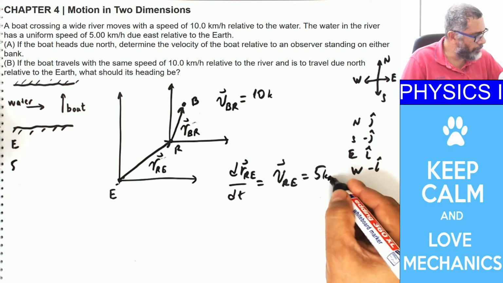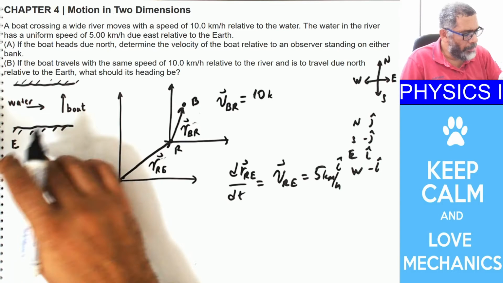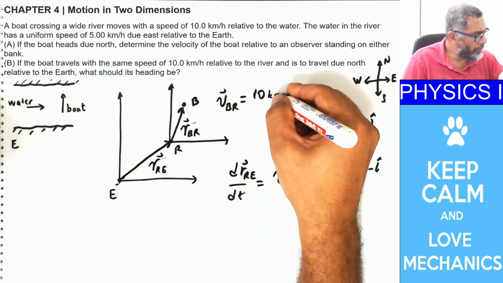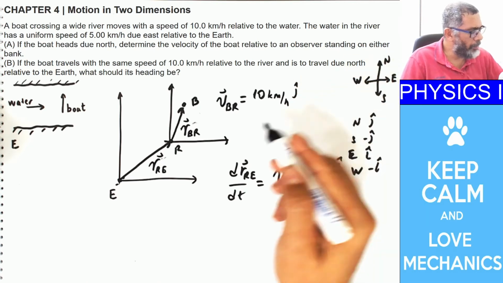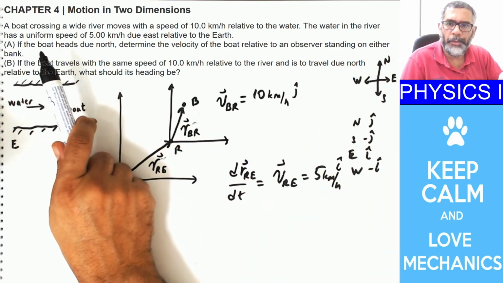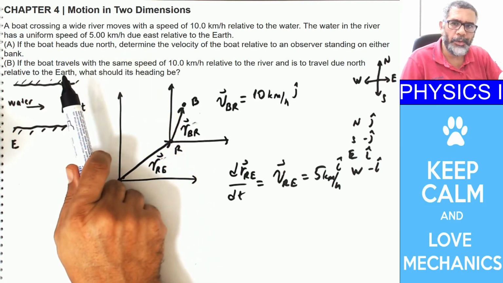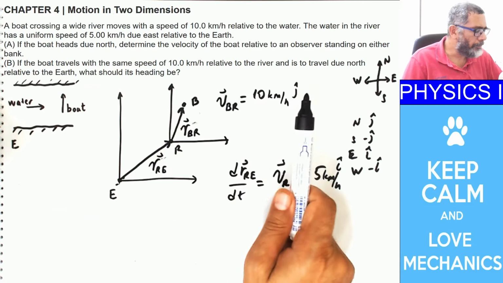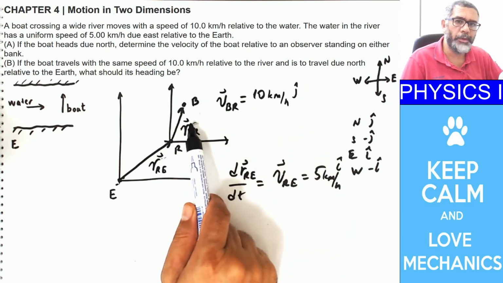This is 5 kilometers per hour, I. And 10 kilometers per hour, J, okay, because part A of the problem says the boat heads due north, and the boat heads due north means its direction relative to water, okay.